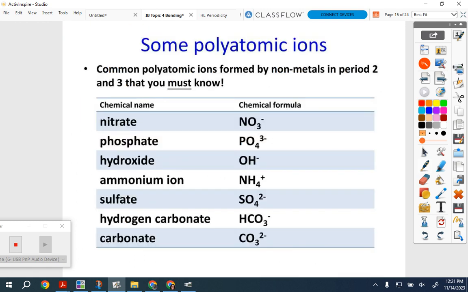Okay. I'm throwing this up here, and I will post these slides at the end of the day today, because these are some of the ions that you probably should have memorized. Okay, the charge and the formula of these ions.